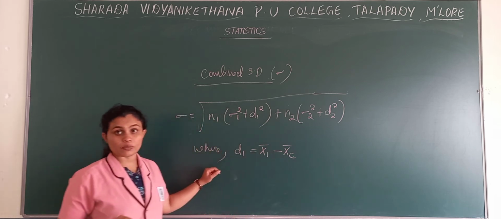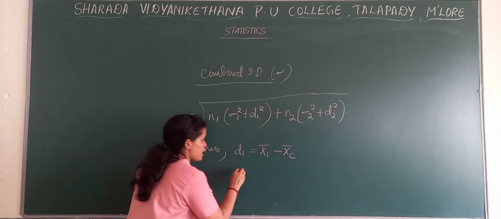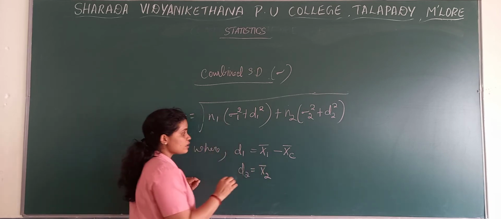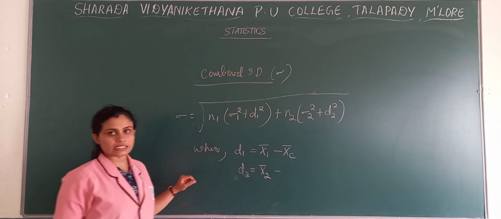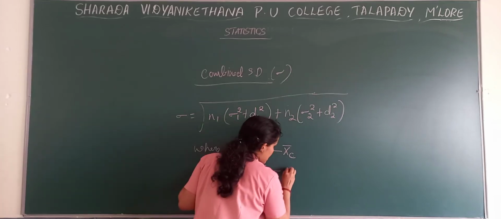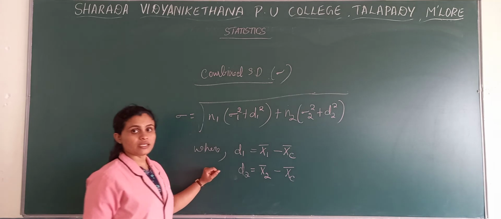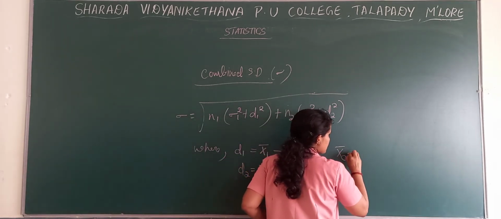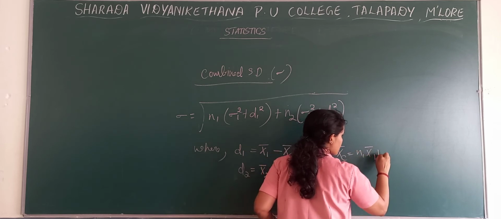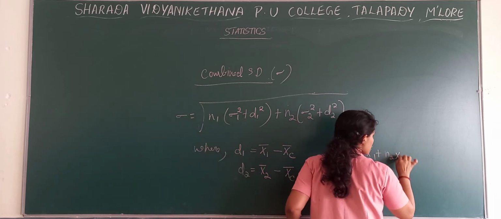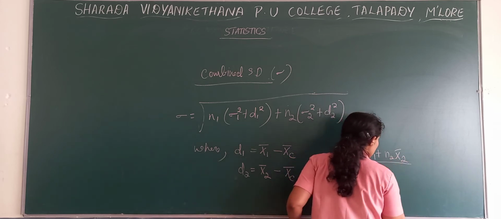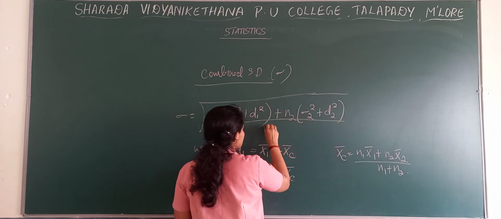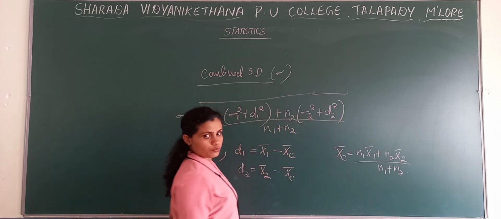X bar c is nothing but combined arithmetic mean, and d2 is equal to x bar 2, that is the arithmetic mean of second set of observation, minus x bar c, combined arithmetic mean. How to find out this combined arithmetic mean? That is n1 into x bar 1 plus n2 into x bar 2 divided by n1 plus n2. See, here also we have n1 plus n2.